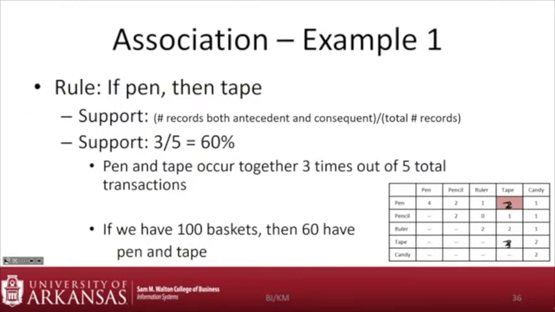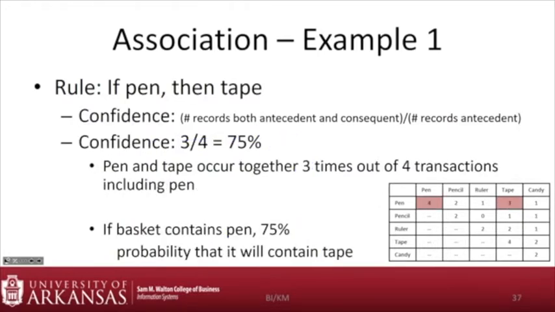So if we're doing the support, if pen, then tape. How many times do we have both the antecedent and the consequence? So we got 2 times out of 5 total records, 2/5. 40%. So pen and tape occur together 2 times out of 5 total. Okay.